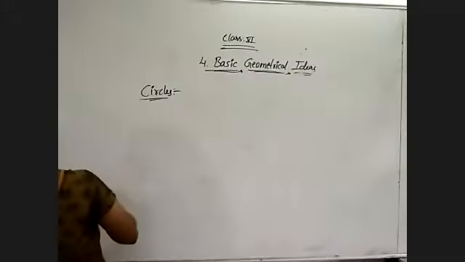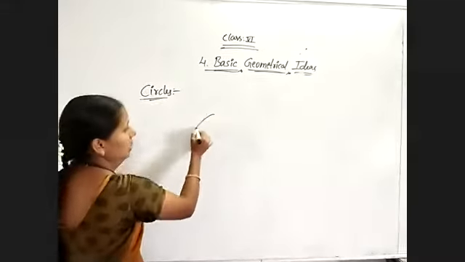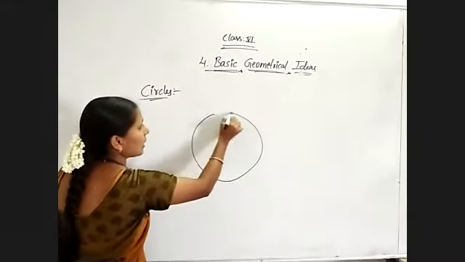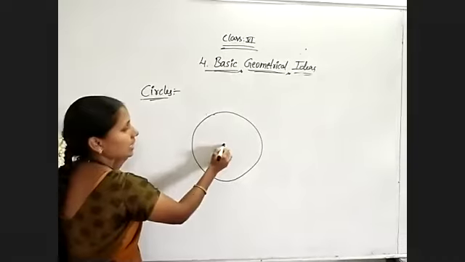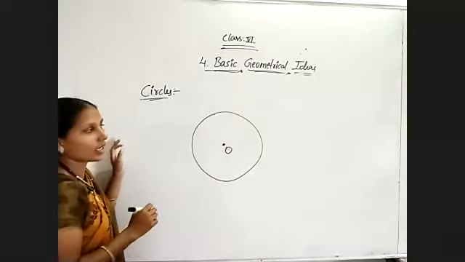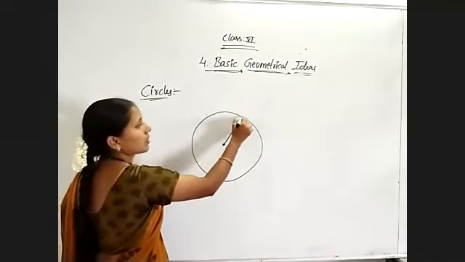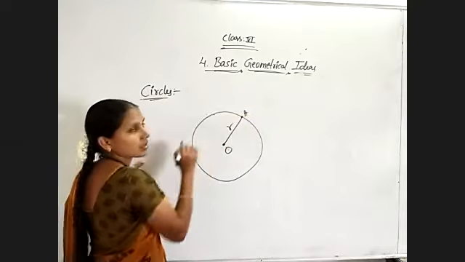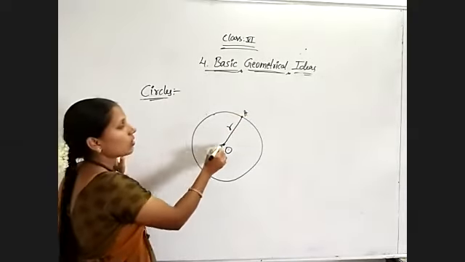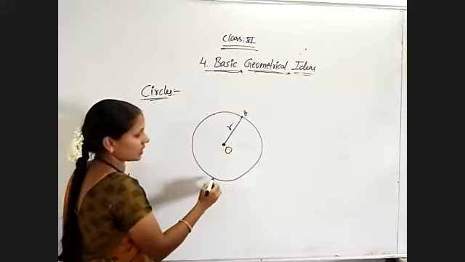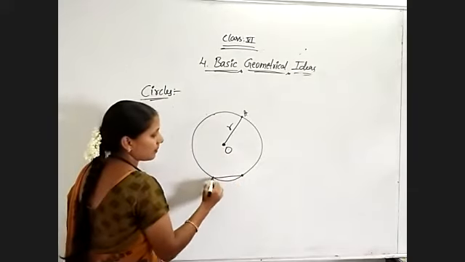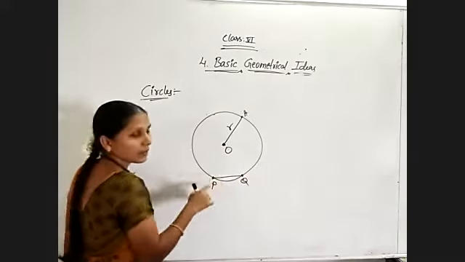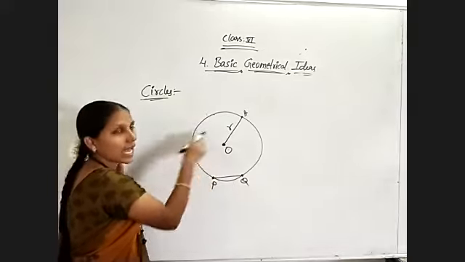So according to the points I have discussed now, I am drawing a circle. I am indicating its center O. Okay, and the distance from any point is a radius. Okay, now chord definition also we have seen. PQ, P and Q are 2 points on the circle.